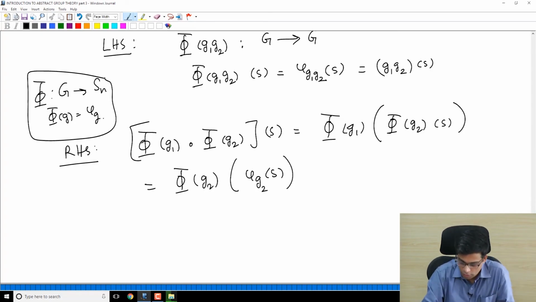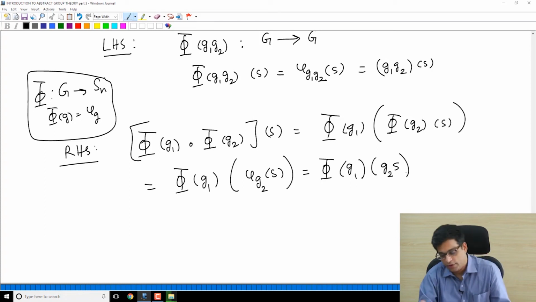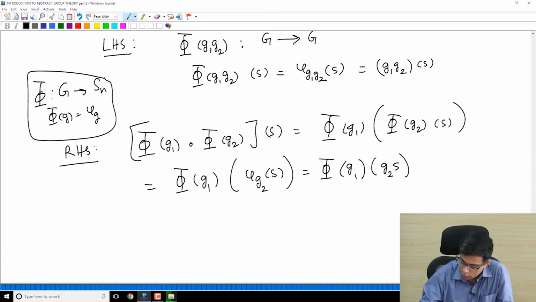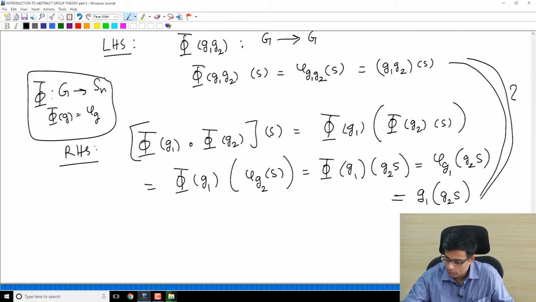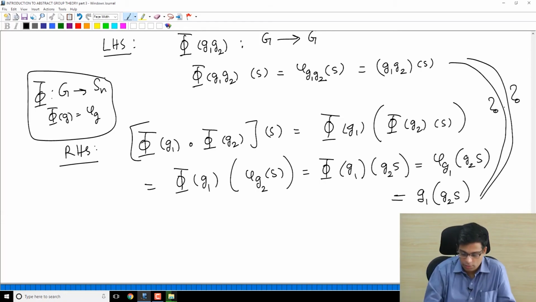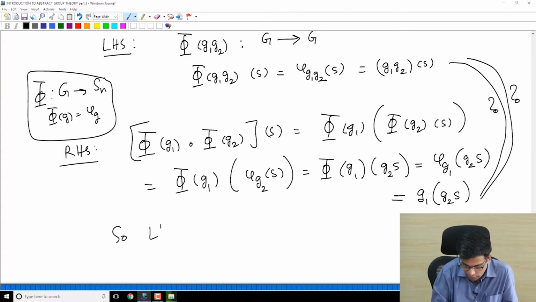Small phi sub g2 of s is by definition of small phi g2s. But this is equal to phi sub g1 of g2s, and this is equal to g1 times g2s. Now are these two equal? Of course they are equal, because this is the associativity in the group. So LHS equals RHS as functions.